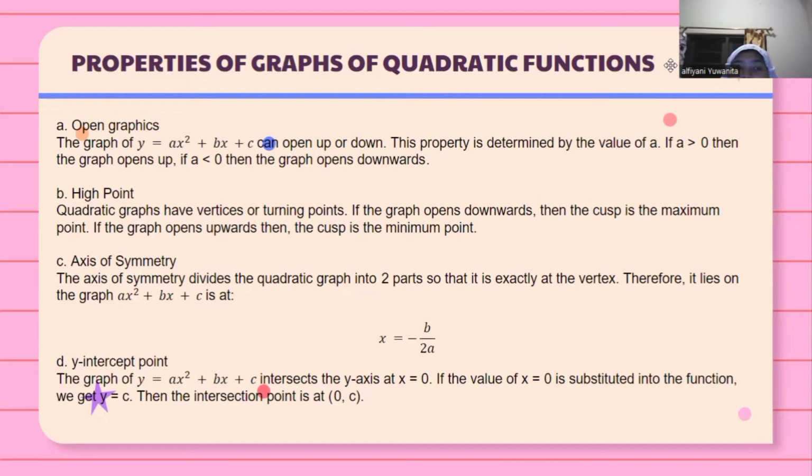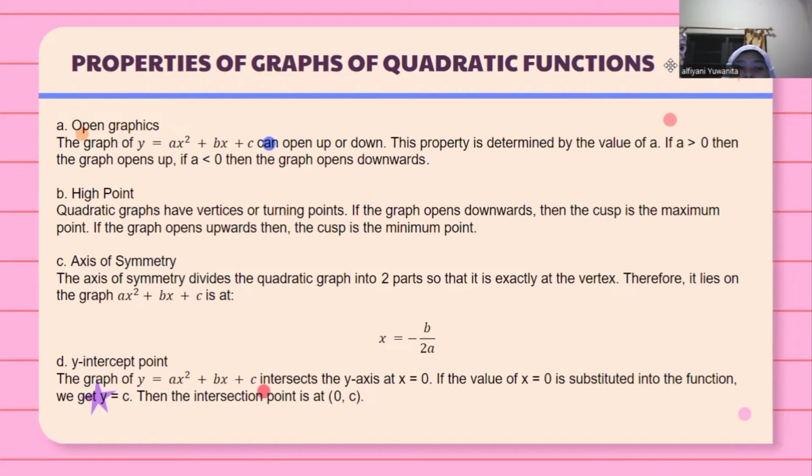Number 2, height point. The graph has a vertex or turning point. If the graph opens downward, then the vertex is the maximum point. If the graph opens upwards, then the vertex is the minimum point. Number 3, axis of symmetry.